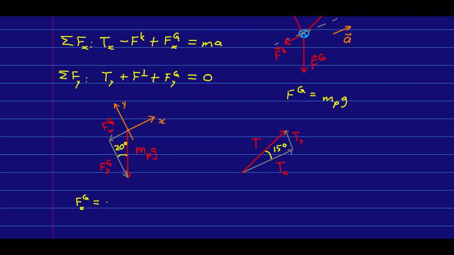Now, first of all, I know it's negative, so I'm going to put that in right away. And then it's the opposite side to the 20 degrees, and so it's going to be m g sine 20 degrees. And similarly, now that we know that the one is the sine, if you know your trig, you'll realize the other one has to be cos.